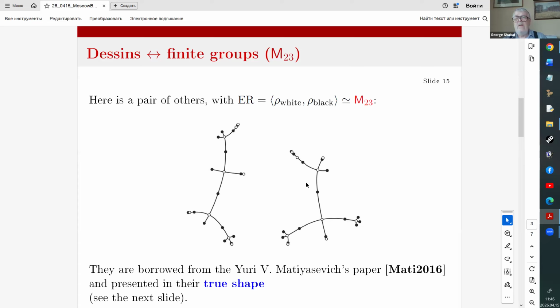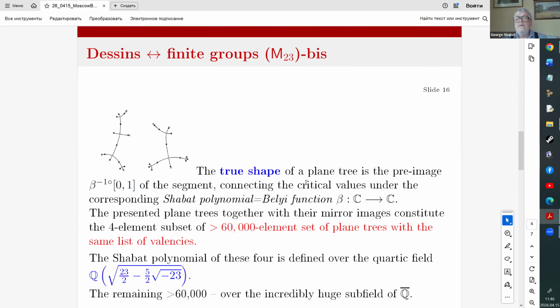So here is another, more involved picture. There are 4 plane trees with edge rotation group Mathieu 23. These 2 ones and their mirror reflections.